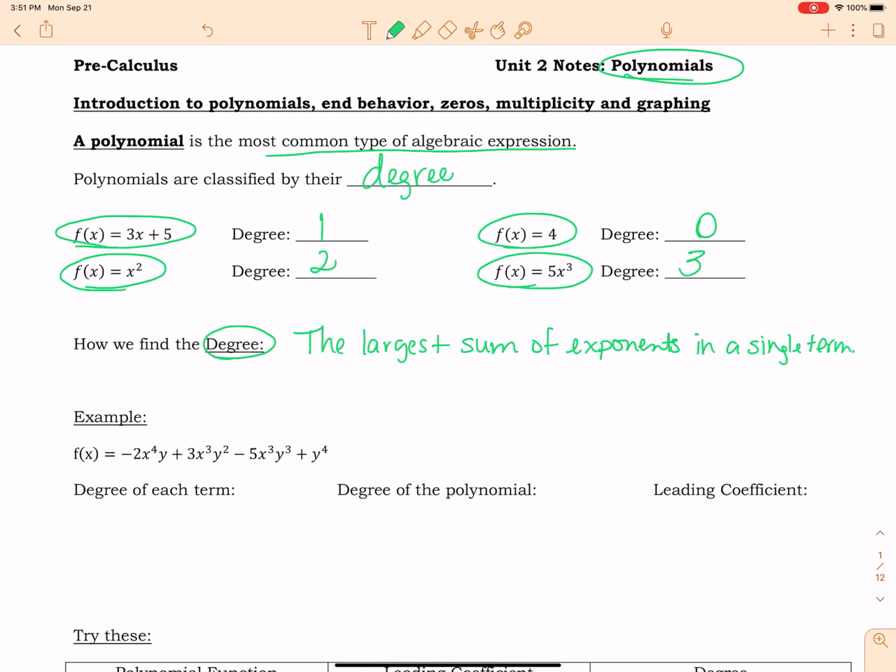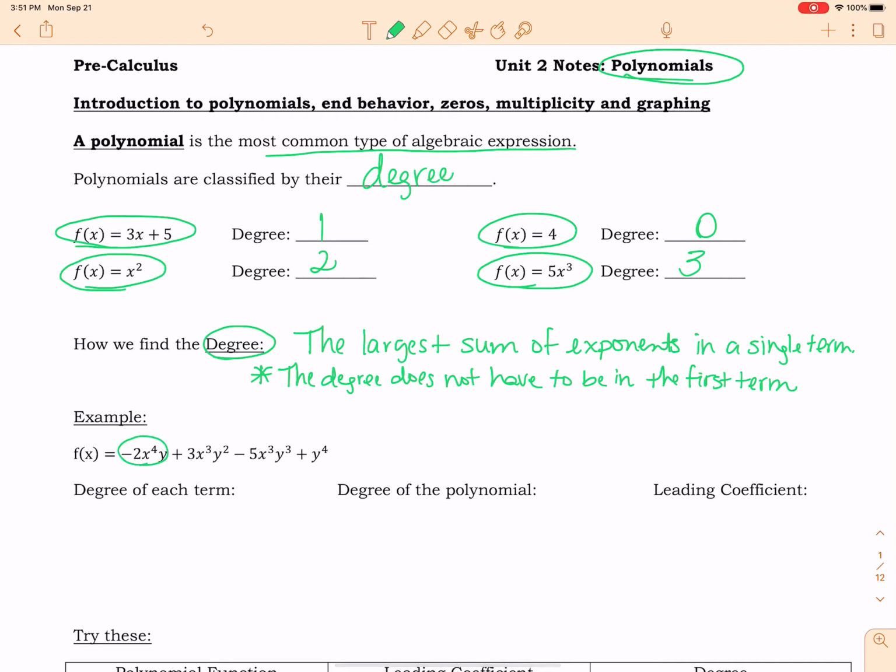Here's a note, pay attention to this. The degree does not have to be in the first term, just so you know.